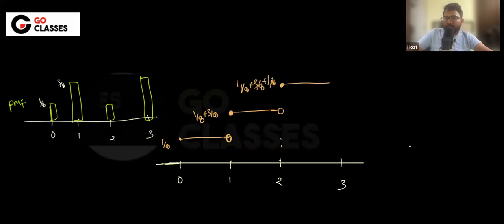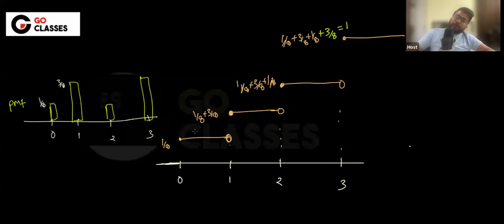Okay. At 3 again there is a sudden jump. How much jump? 3 by 8, which is 1 by 8 plus 3 by 8 plus 1 by 8 that is already there, and then plus 3 by 8. If you calculate it, it must be 1. Okay, you can calculate it. You're getting the point?